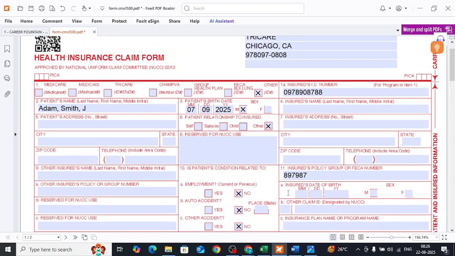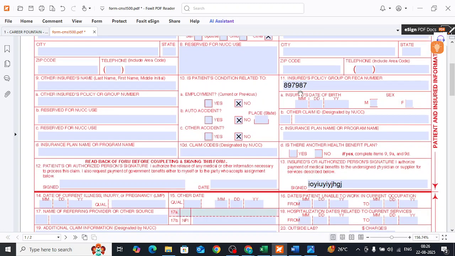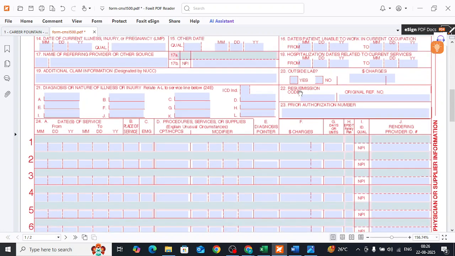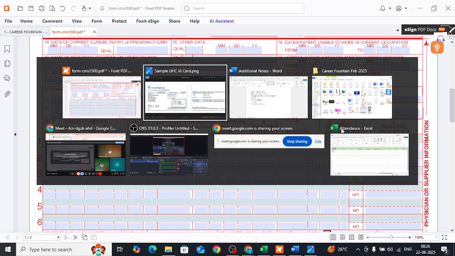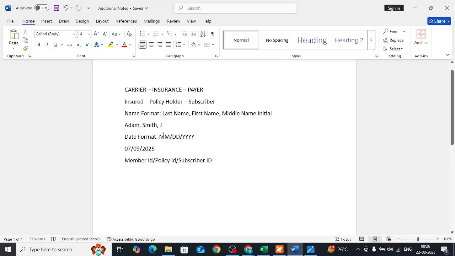So from these two portions, only two boxes you have to remember. Box number 1, that is the insurance name, and box number 1A is the insured's insurance ID. Okay. That's it. Now the next portion is for the physician or supplier information. So what is meant by supplier?